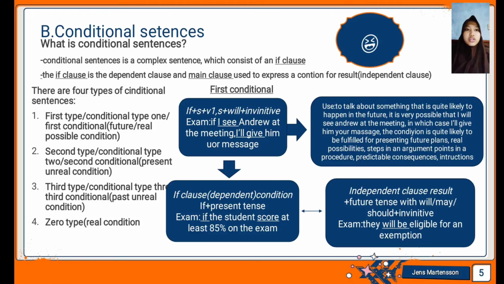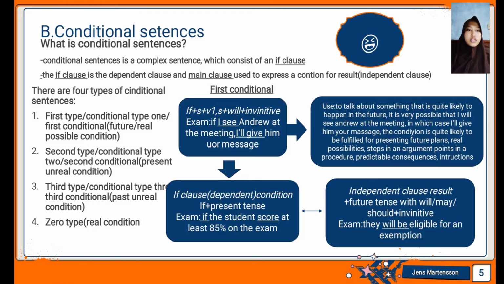And conditional sentences have four types. The first type is first type, or conditional type 1, or first conditional, future or real possible condition.